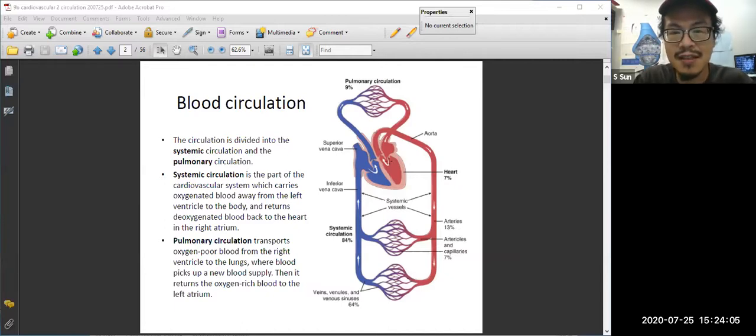And so you can see that this is basically connected in series. So as we talked about in the heart, the blood flow sequence is from the systemic, say the oxygenated blood back to the right atrium, right ventricle, then the pulmonary, left atrium, left ventricle, then the systemic. So it's all connected in series.